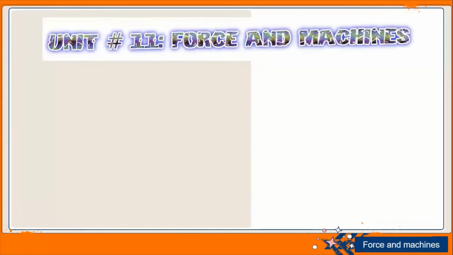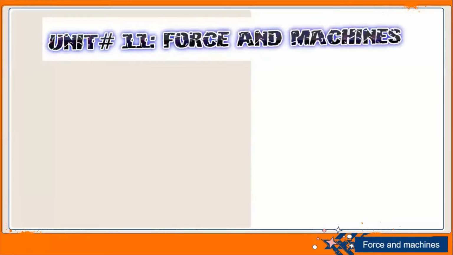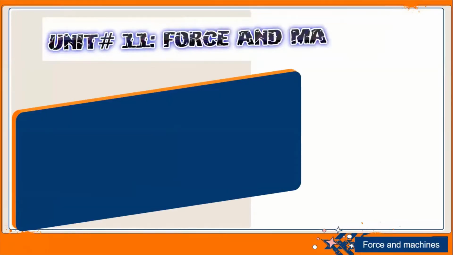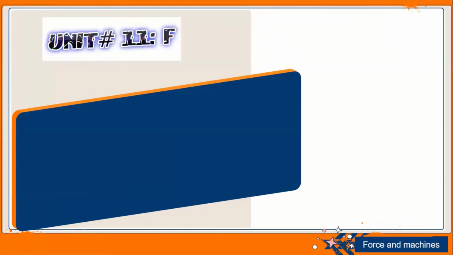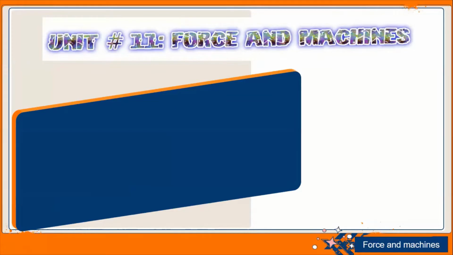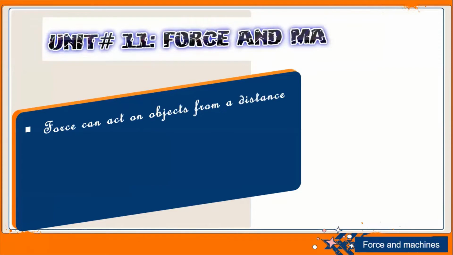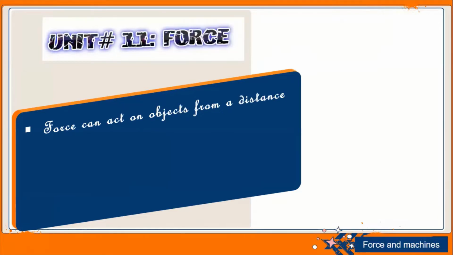Students, this is the continuation of unit number 11, Force and Machines. We already read about what is force, what can force do. Force can make objects move faster or slower or stop them altogether. And we'll discuss one activity which was on your book page number 86. Today we'll review that force can act on an object from a distance.